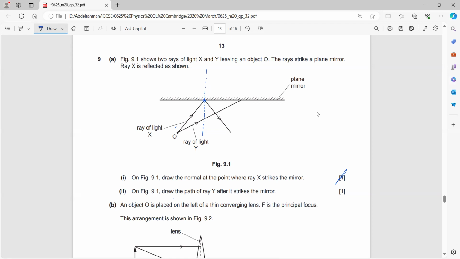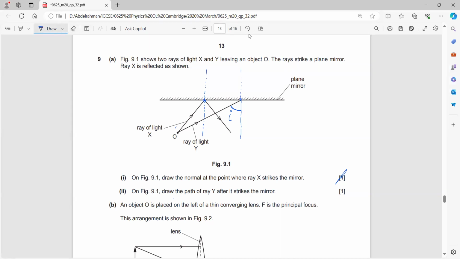Draw another normal at Y, and then measure this angle, which is the angle of incidence. I guess this angle was 60, maybe. I have to make the angle of incidence equal to the angle of reflection.